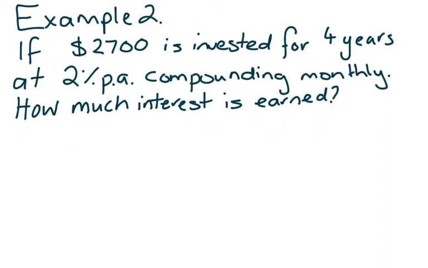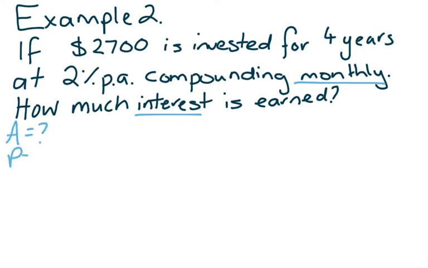The second example: $2,700 is invested for 4 years at 2% per annum, compounding monthly. I'm going to underline monthly there. How much interest is earned? This is a little different because the last one asked how much is owed, the final amount, whereas this time it's only asking for the interest. However, we still do these the same.